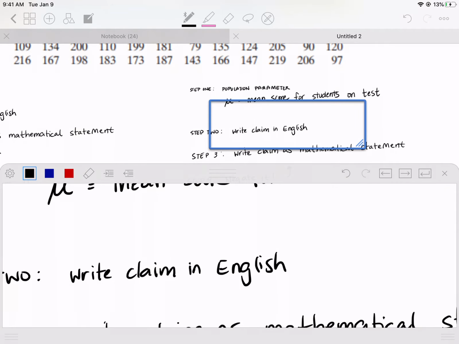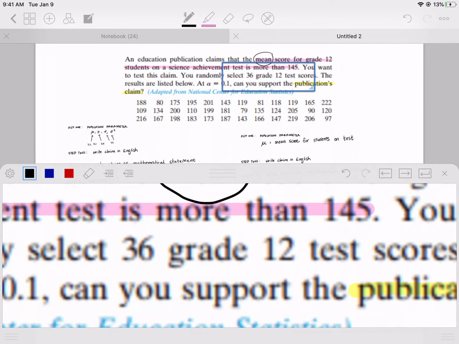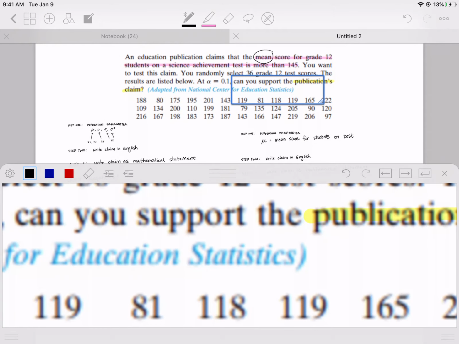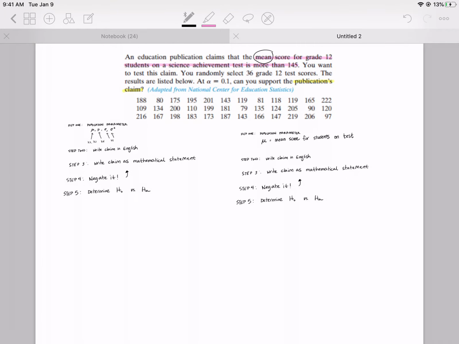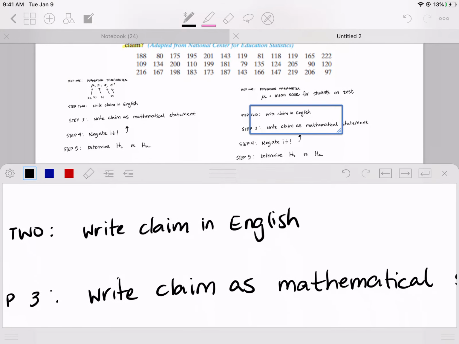Step 2, write the claim in English. What is the claim? The claim is that the mean score is more than 145. So I'm just going to write that here where it says to write the claim in English.